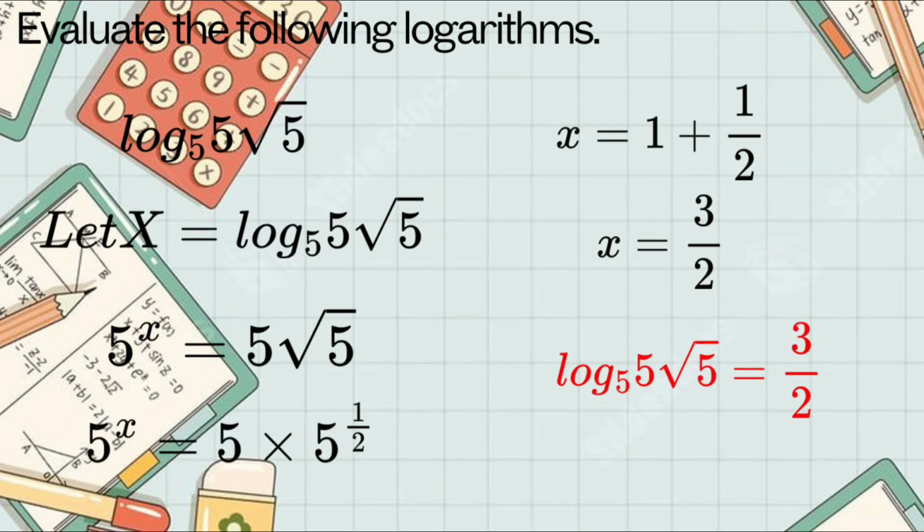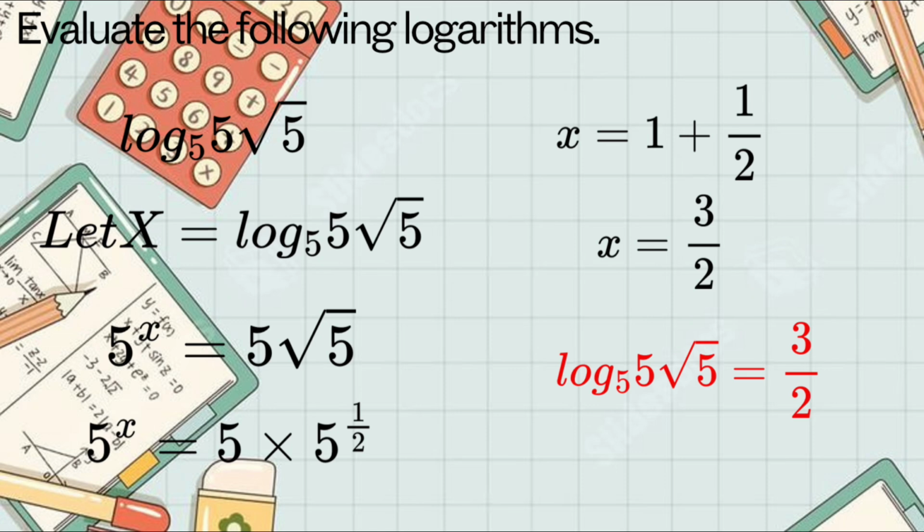Another example, we have log 5 square root of 5 to the base 5, and let x be equal to log 5 square root of 5 to the base 5. So, 5 raised to the power of x is equal to 5 square root of 5. 5 to the x is equal to 5 times 5 raised to the power of 1 half. We have x is equal to 1 plus 1 half.